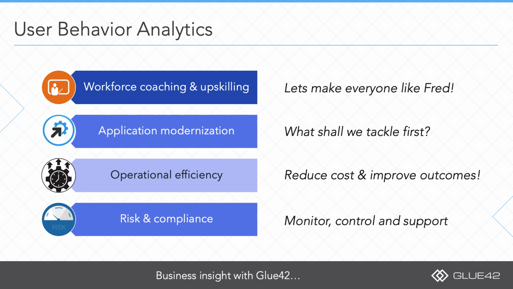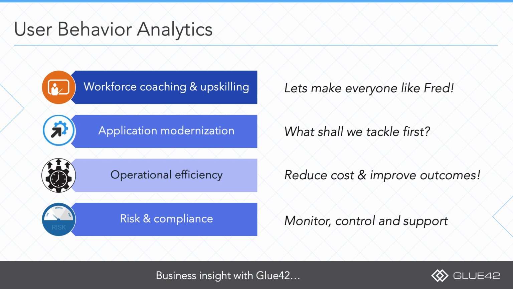Now, you can answer that question in any number of ways, but one starting point is to look at the applications that Fred is using, the time that Fred spends in those applications and the sequence of his journey backwards and forwards through those apps. If you know what Fred does, then you can build that into your future training programs and then start to upskill everyone else.